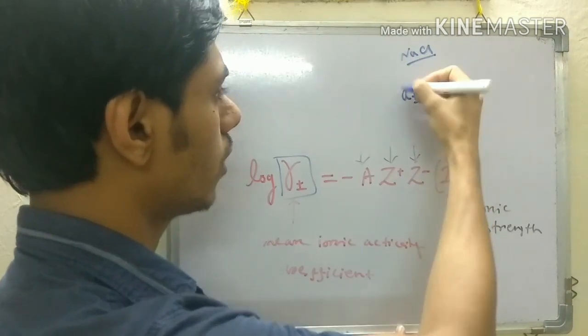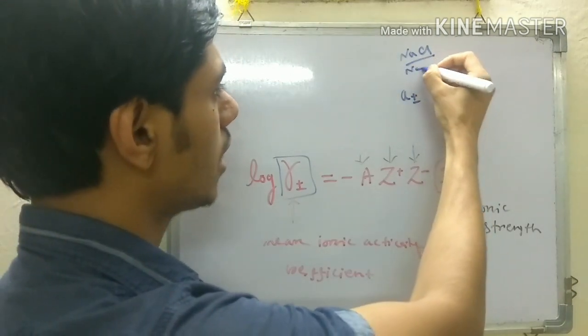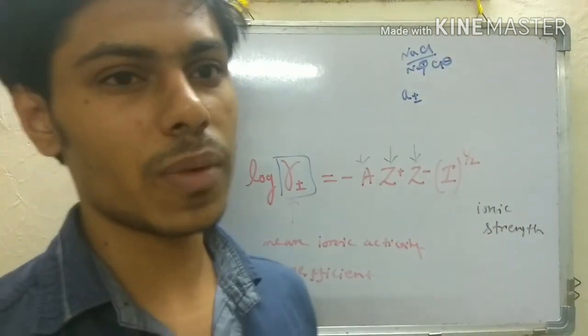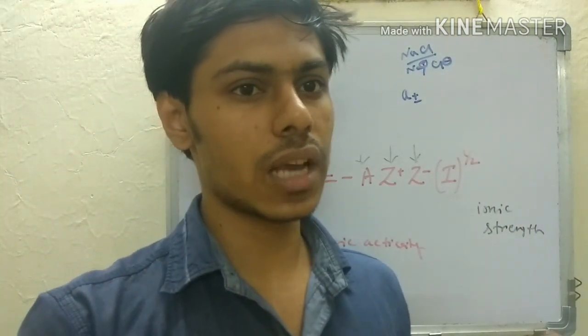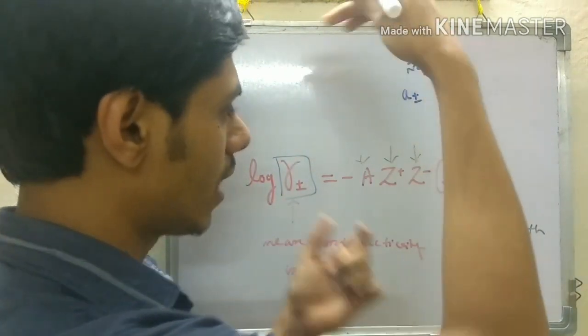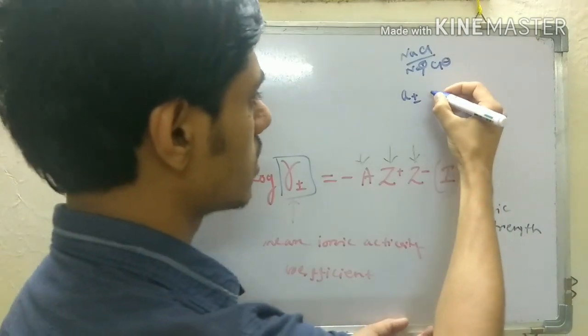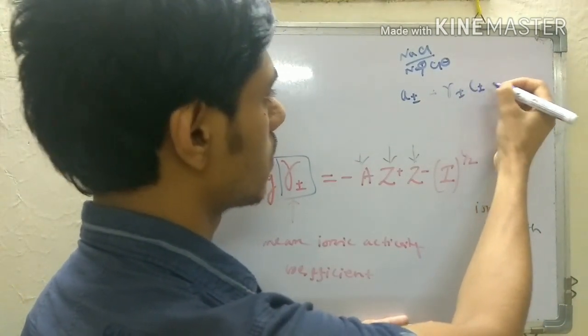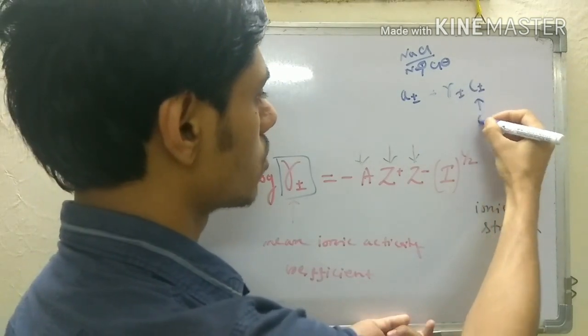So for the activity of each Na+ and Cl-, that is, how active they are, how much they are participating in the physical or chemical properties, this is called activity. So the activity of any ion, Na+ or Cl-, is given by a plus-minus equal to gamma plus-minus into c plus-minus, where c plus-minus is the concentration.